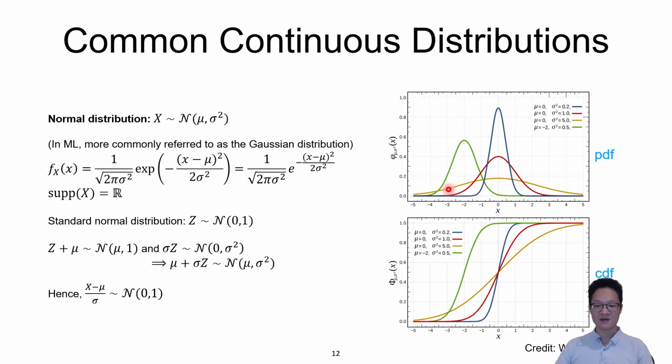The green curve has mu equals -2, so that's why it's shifted a bit to the left. The support of a Gaussian distribution is all the real numbers, so every real number has a PDF strictly greater than 0.